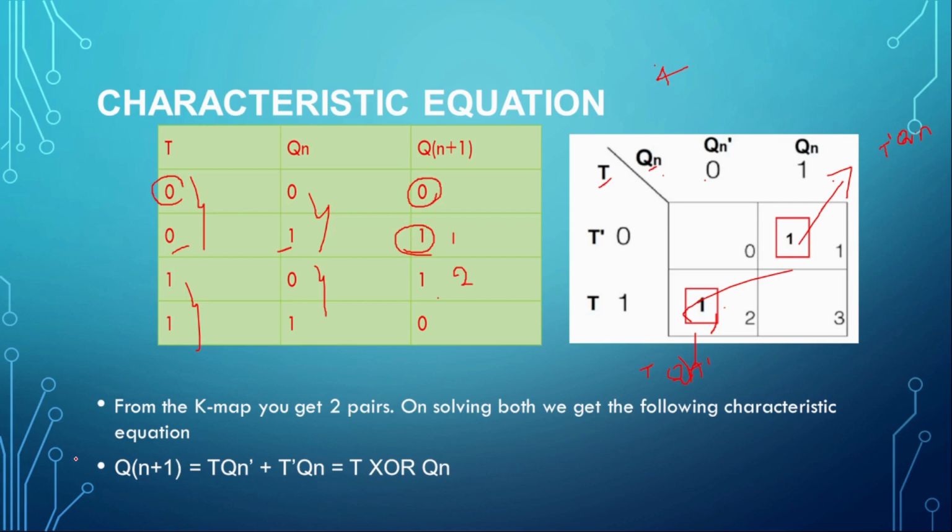Afterwards, write down the equation for Q n plus 1 equal to T Qn dash plus T dash Qn. This is the equation of XOR operation. That's why I will mention it as T XOR Qn, or with the symbol of T exclusive-OR Qn. This is the characteristic equation of T flip-flop.